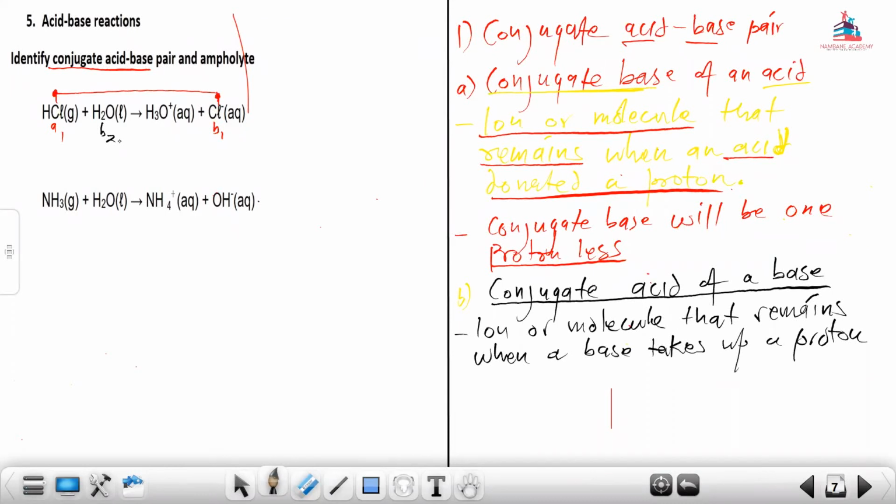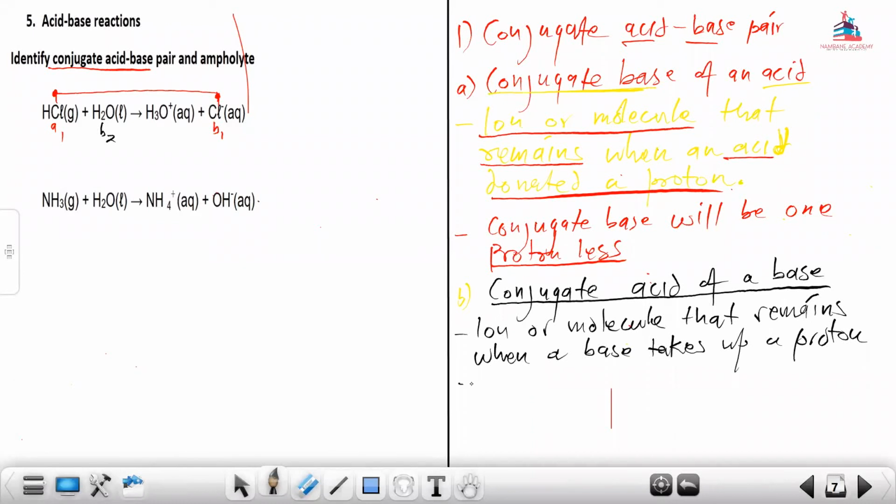Why do I know that? Because it did accept what? A proton. So the fact that it accepted a proton makes it a base. But looking into it further, it says conjugate acid of a base.